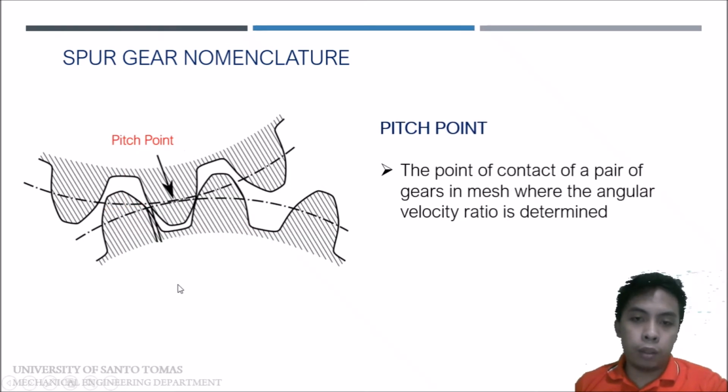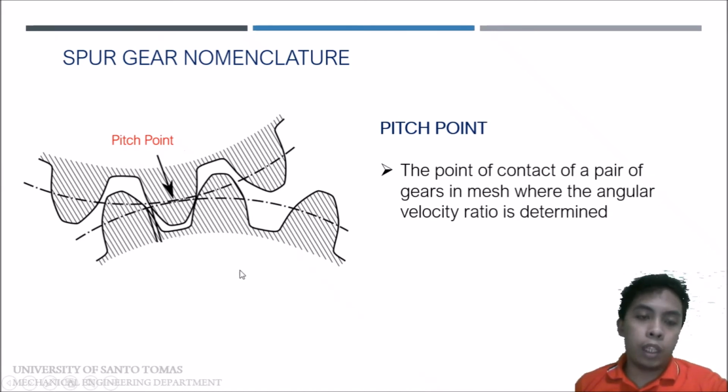Next, pitch point. Pitch point is the point of contact of a pair of gears in mesh where the angular velocity ratio is determined. So kapag nagdo-drawing tayo ng schematic diagram, 'di ba hindi dinodrawing yung mismong gear or the mismong teeth ng ating gear.